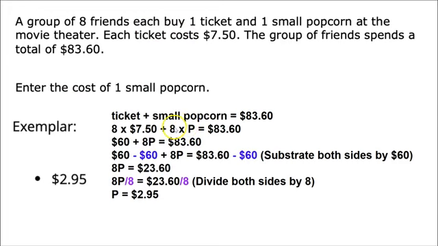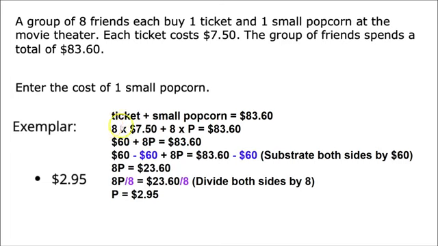So we plug in a variable that will represent the cost of 1 small popcorn. I just put the letter P for the cost of 1 small popcorn. And at the other side of the equal sign is the total cost, which is once again $83.60.